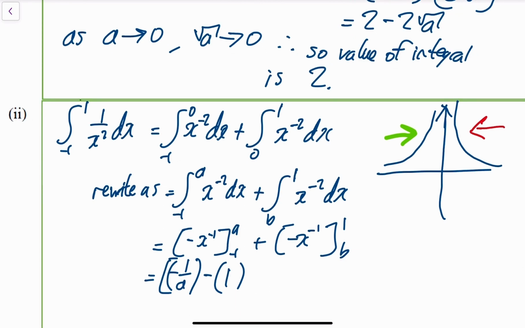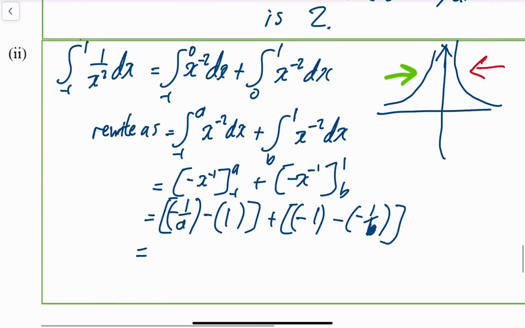And then over here, it's going to be plus, and you're going to have minus 1, and minus of minus 1 over b. So that's an absolute mess. Apologies for that. We'll tidy that up.